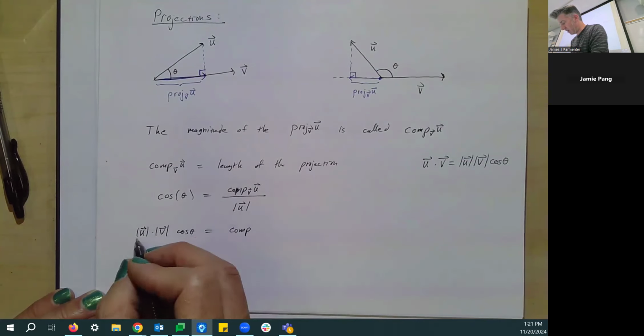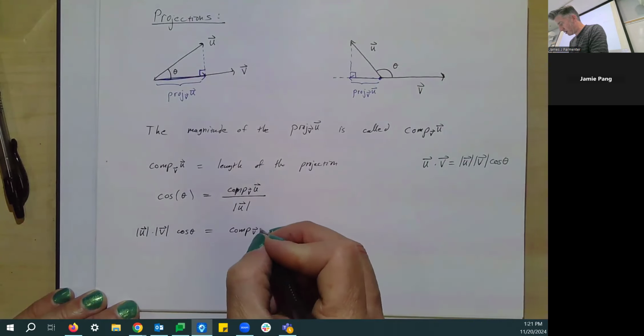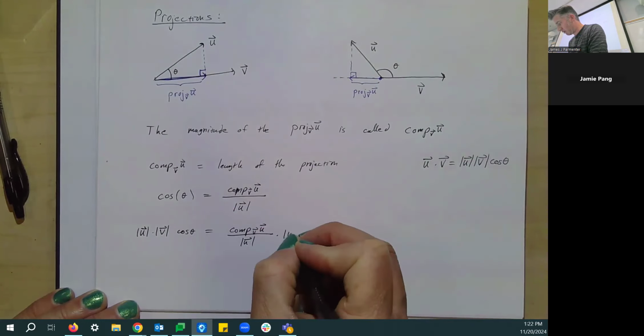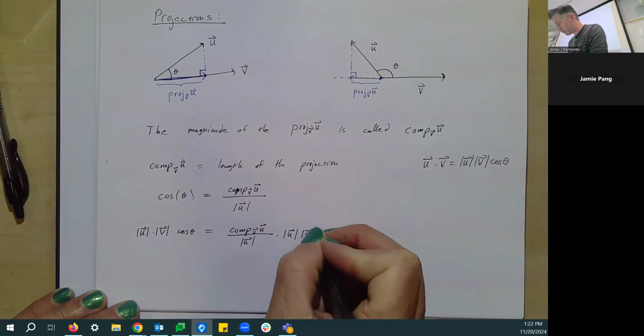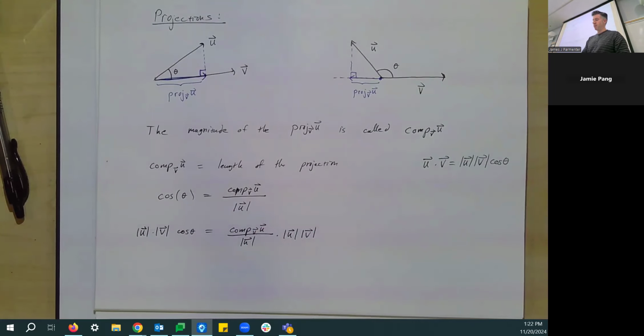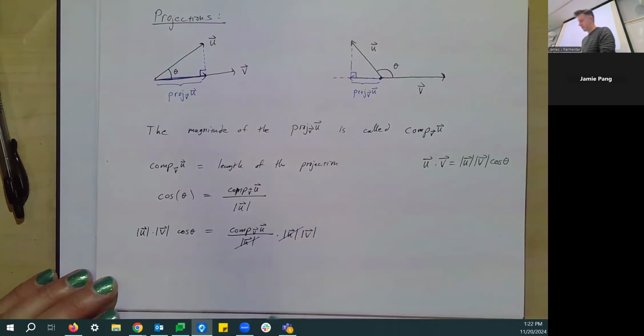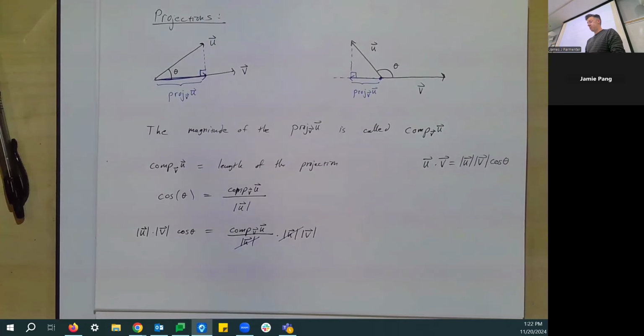So on the left side, we have that. On the right side, we have the component divided by the magnitude of u times the magnitude of u times the magnitude of v. Here's what's going to happen. On the right-hand side, the magnitude of u will cancel out. On the left-hand side, the magnitude of u times the magnitude of v times cosine of theta is u dot v.